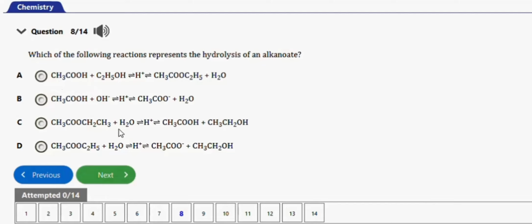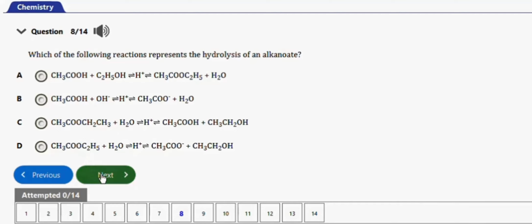So it's obvious it will be this one that has water involved. This is option D. So this water reacts with our ethyl ethanoate, so that's the right answer to this question, option D. Okay, it's not option C, guys. The correct one is option D.